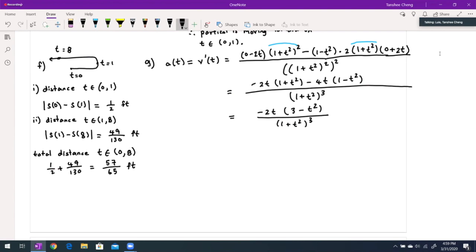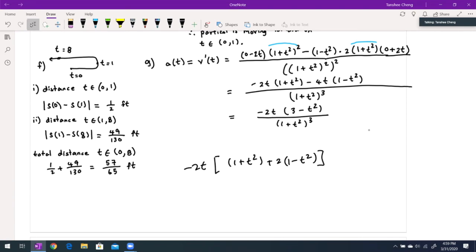The question, Professor? Yes. Can you explain that last step really quickly? The minus 2t. So the last step is basically this. You factor out negative 2t. So what's going to happen is inside it will be left with, on the first term, 1 plus t squared, plus 2 times 1 minus t squared.